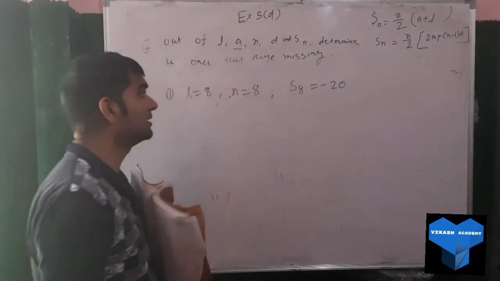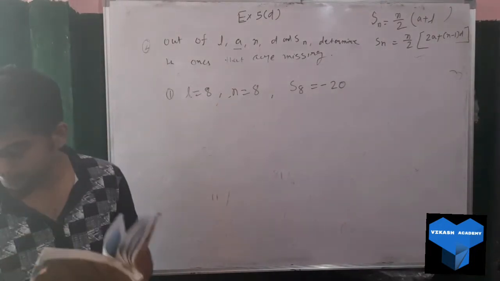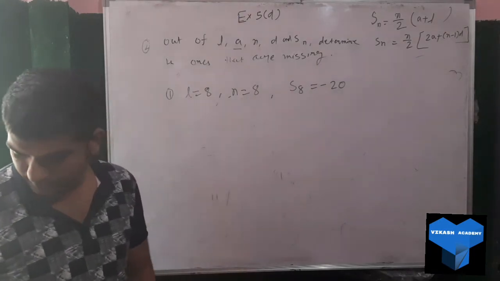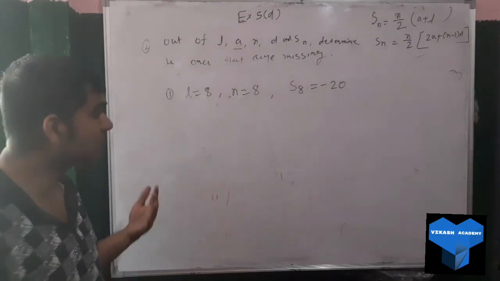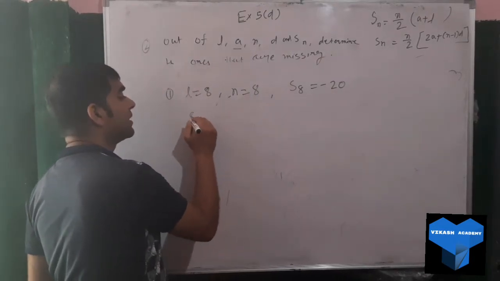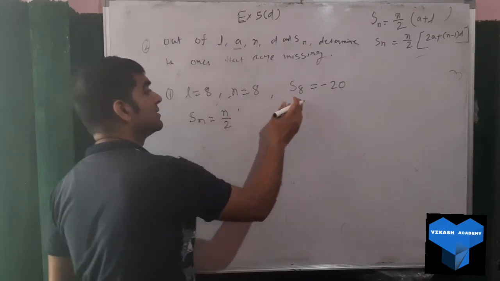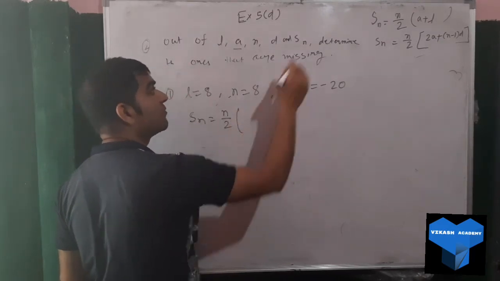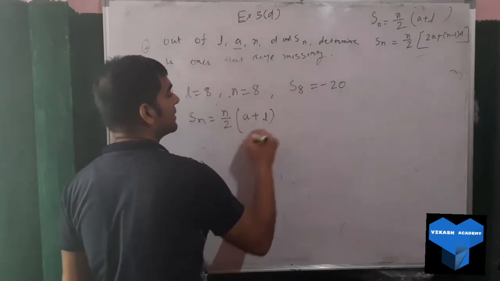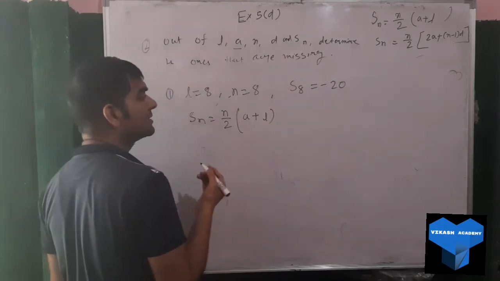Let us try to find the value of a. We know that Sn is given by n by 2, and since l is given, we will use the l formula, the first one: n by 2 times a plus l. So S8 is minus 20, so let us write the formula for S8.